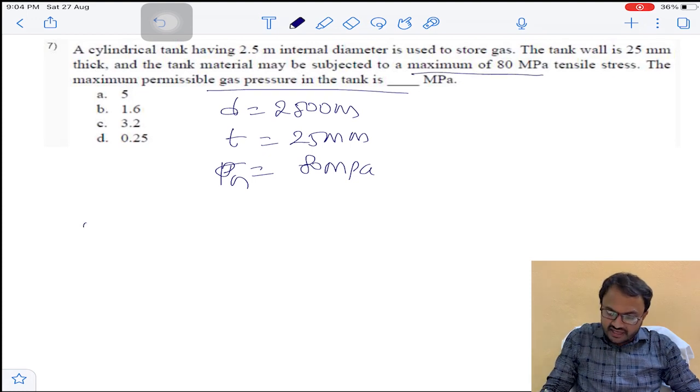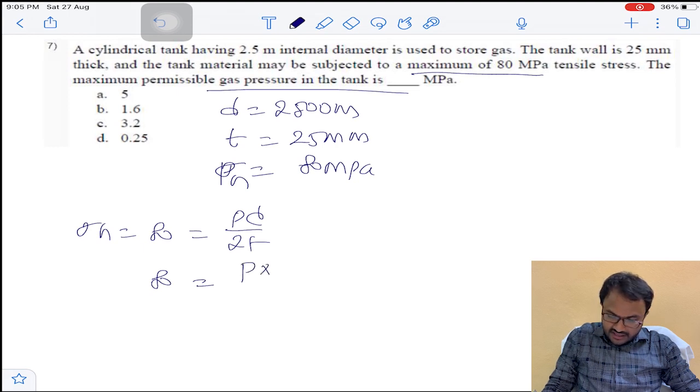So first of all we will take sigma h as 80, in that PD by 2T. So if you calculate this, P is how much? D is 2500 and 2T is 25. If we calculate, P is equal to 1.6 MPa.